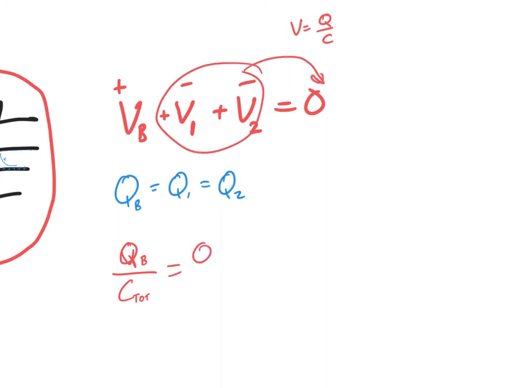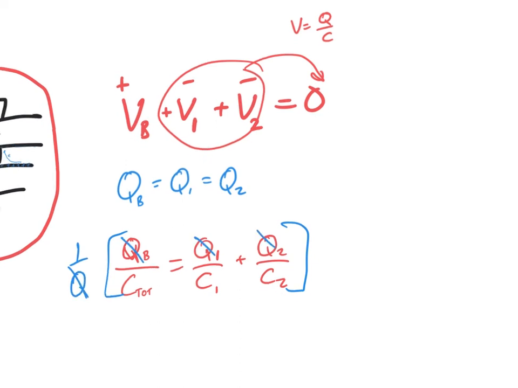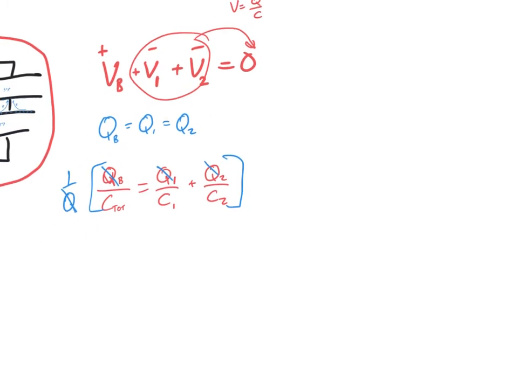It's equal to charge across 1 over capacitance of 1, plus charge across 2 over capacitance of 2. All of those charges are the same, so I can take the whole thing, divide it by Q, and all of these charges will cancel out, leaving me with 1 over the total capacitance in series is equal to 1 over C1 plus 1 over C2.